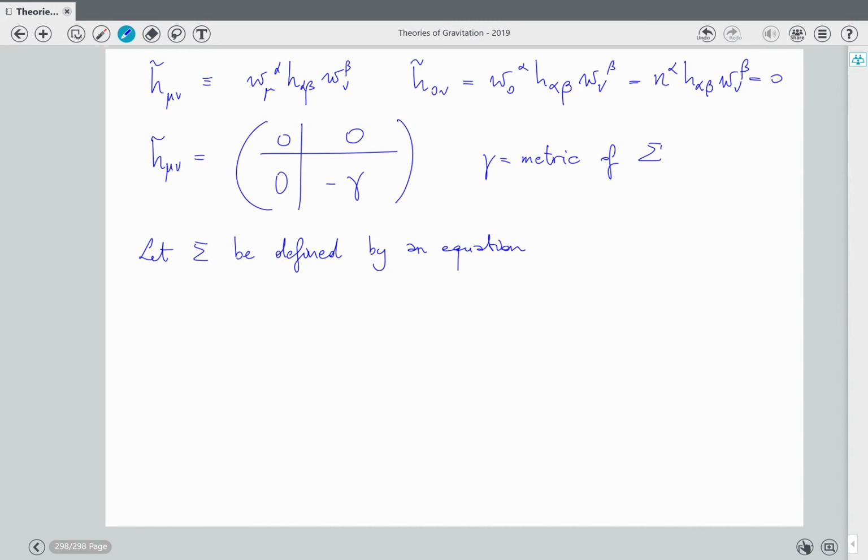It's a three-dimensional submanifold, and so it could be defined by one condition on the 4 coordinates, chi of x equals 0, and points that satisfy this condition will be the points of the submanifold sigma.